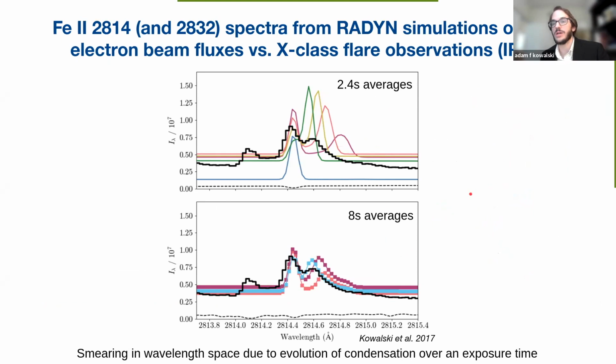This is a very well-studied solar flare, and we're still trying to understand many aspects of it. There are many iron-2 emission lines in the flare, and they're much more optically thin than the magnesium-2 lines, and we can see deeper into the atmosphere. That's why we look at these iron-2 lines. The observation is the black histogram in the top.